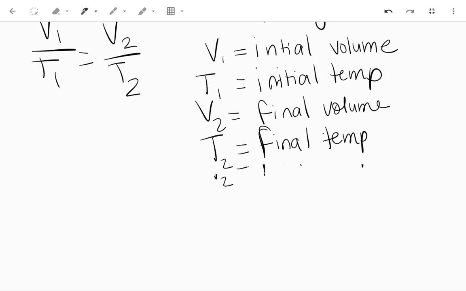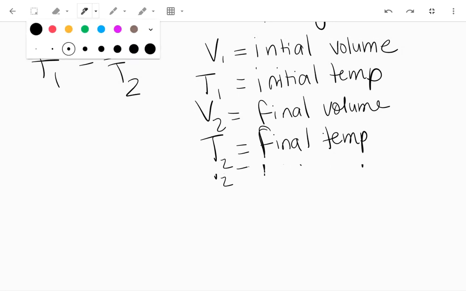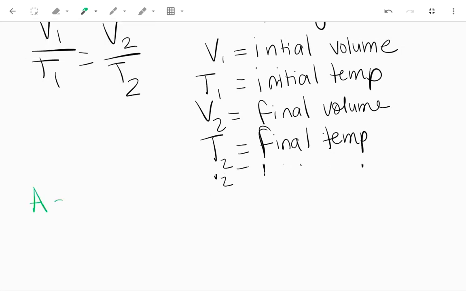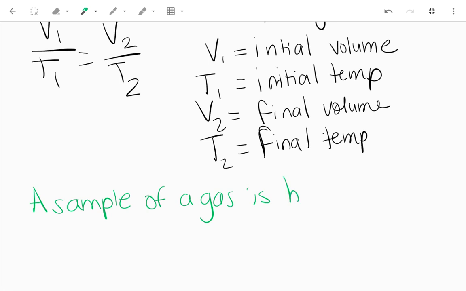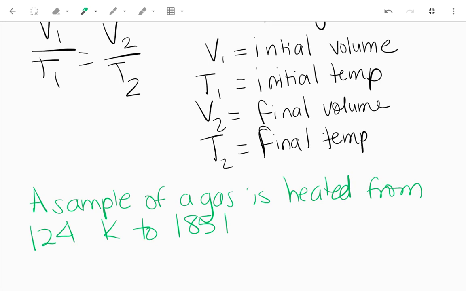So if I had a problem here, I'm going to use green, where a sample of a gas is heated from 124 Kelvin to 185 Kelvin.